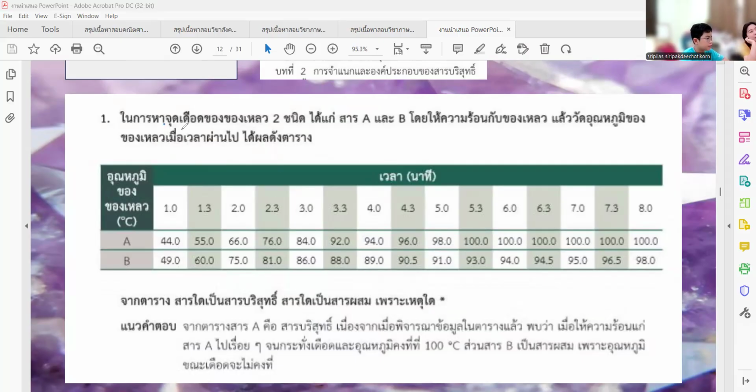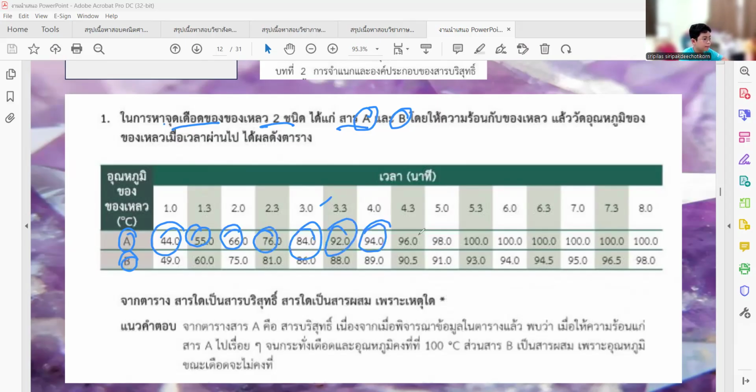To find the boiling point of two liquids, we have substance A and B. If we give heat to these two substances and measure the temperature, look at substance A and B: 44, 55, 66, 76, 84, 92.